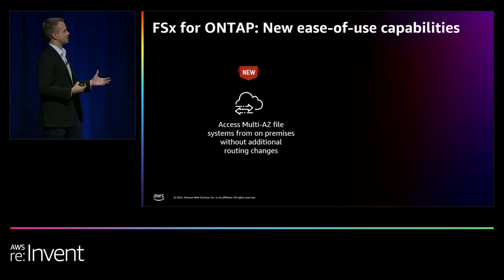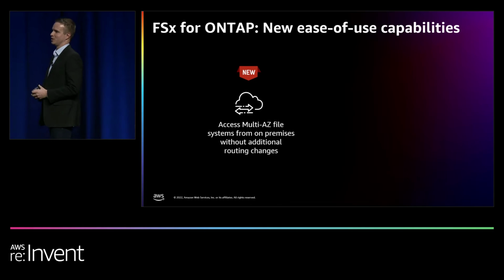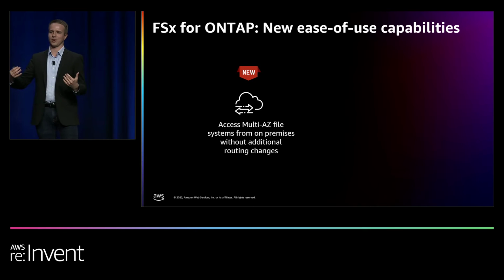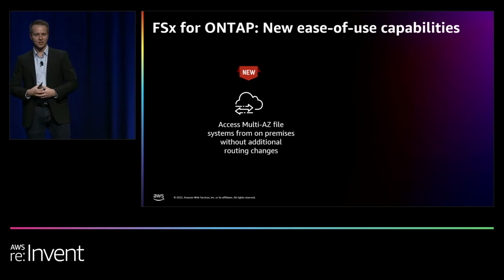And what that would mean is that if you wanted to access your data from on-premises, in order to correctly route to those IP addresses, you would actually need to set up some extra custom routing. You would need to go to your transit gateway, go to your on-prem route table, and add an extra route to tell your routers how to route traffic to these IP addresses, because they were not part of your VPC.